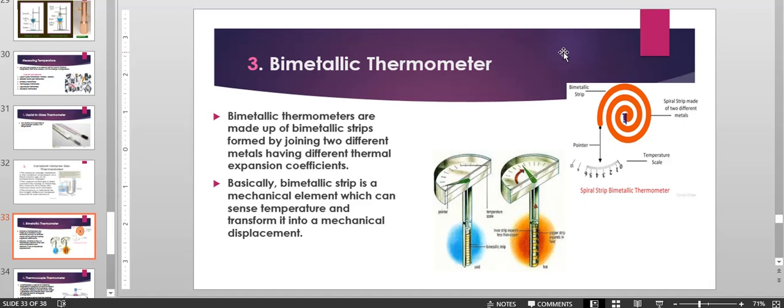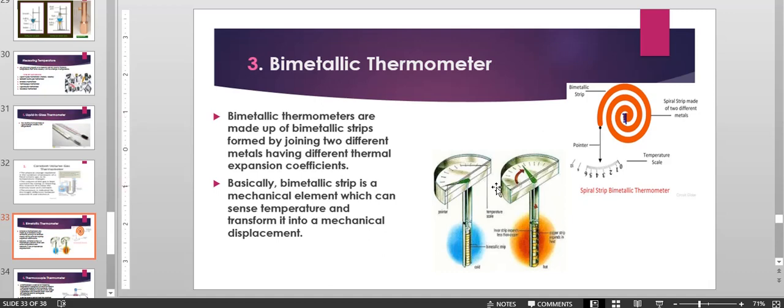Basically, a bimetallic strip is a mechanical element which can sense temperature and transform it into a mechanical displacement, as we have discussed about this bimetallic strip in our previous topics, in the application of thermal expansion and contraction. In different electrical appliances we have discussed how these bimetallic strips change their shape upon heating.